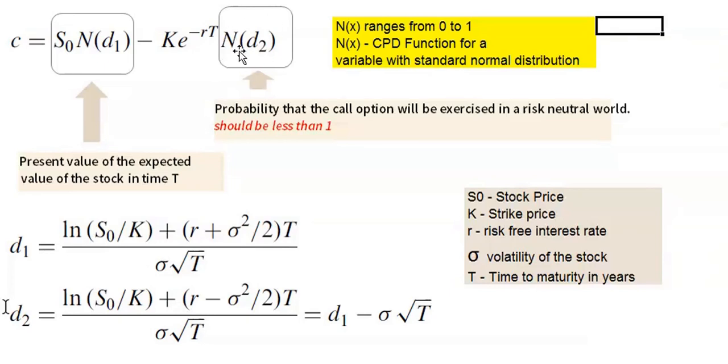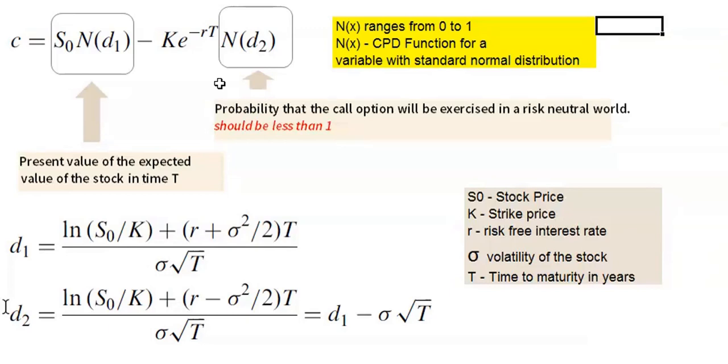Now of course this N refers to a cumulative probability distribution function. N of x is a cumulative probability distribution function for a variable with a standard normal distribution. Remember, a cumulative probability distribution function gives us the probability of a particular value or any values less than that occurring.